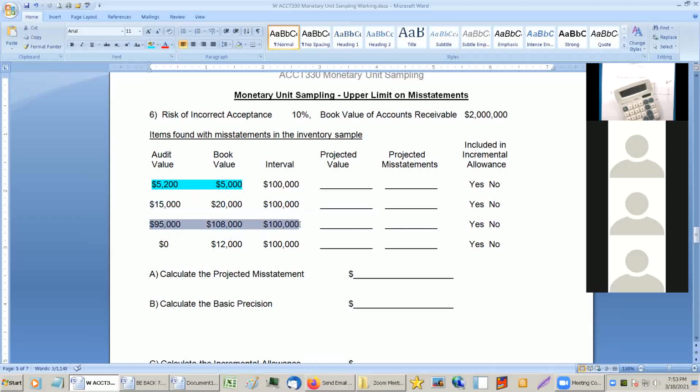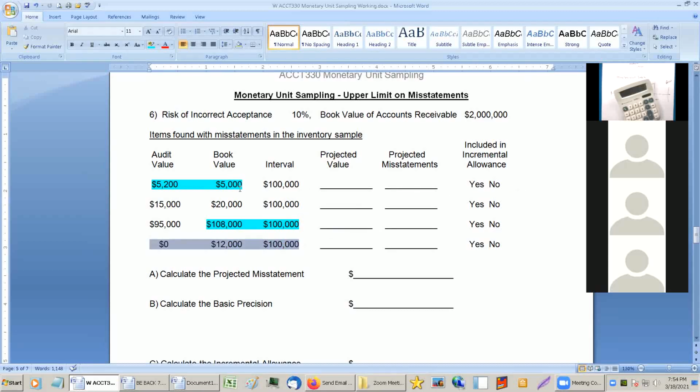This one, what's the weird thing about this one? The book value is higher than the interval. Yep. So you simply take the misstatement for the item itself, 108 minus 95, whatever that comes out to. You don't have to do all the multiplication stuff. This one, no problem with that one.